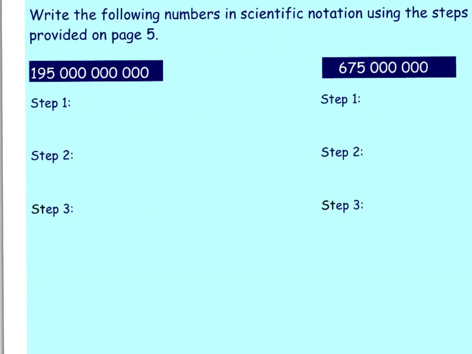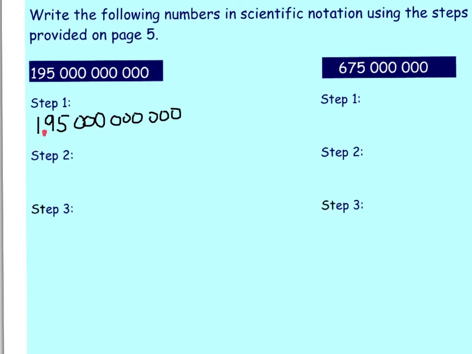Here we have two examples on this page where we're going to take these numbers, which we call standard form, and we're going to put them into scientific notation. So let's do step 1. Take the number and always put the decimal as far left as you can go with one number to the left of it. So we're going to put it right here so that we only have one number to the left of it.